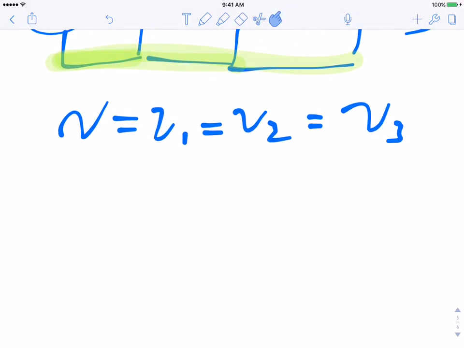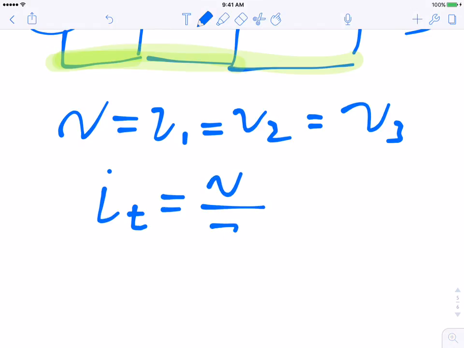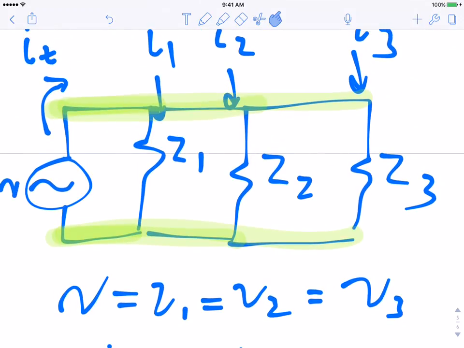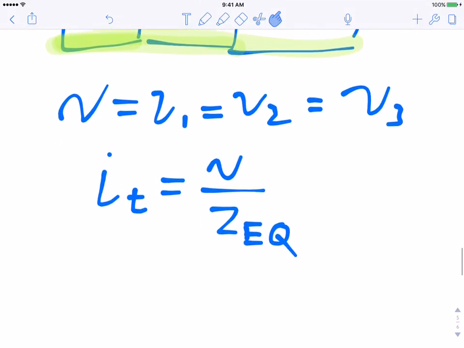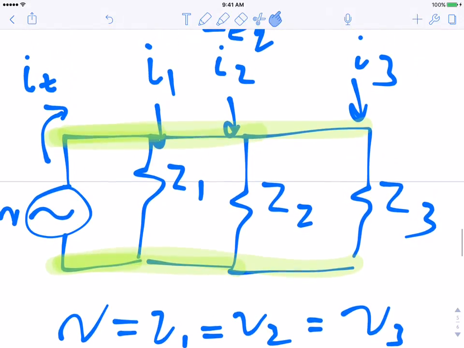So how do we calculate the current in one of these impedances? Well, the first thing we need to find out is the total current, and that's just going to be V divided by the equivalent impedance. We know how to calculate the Z equivalent because we did that earlier.